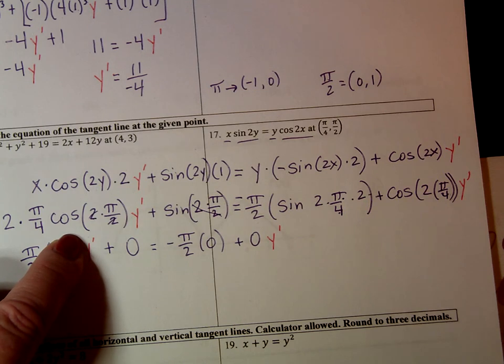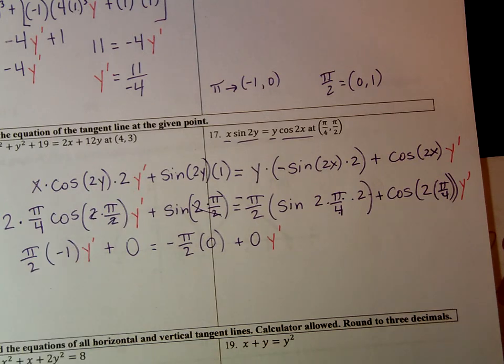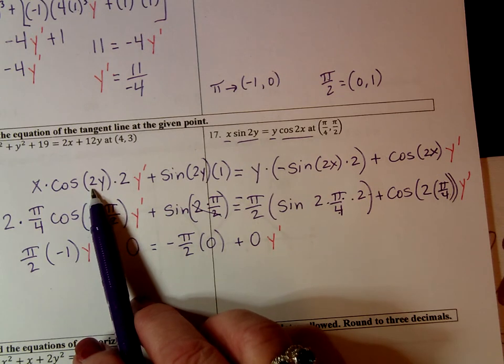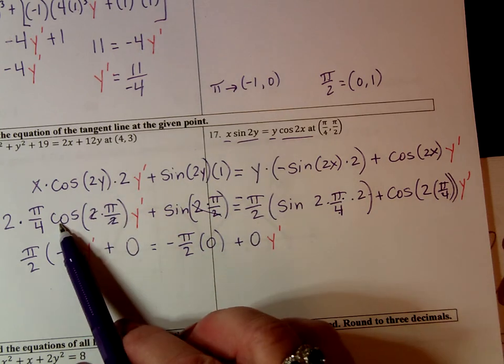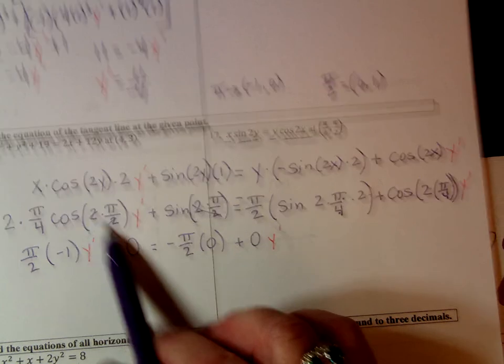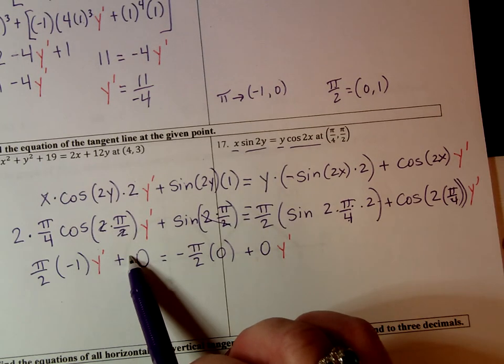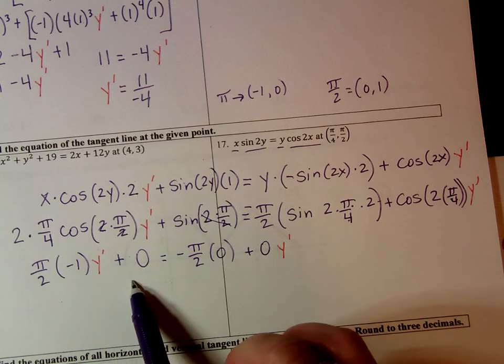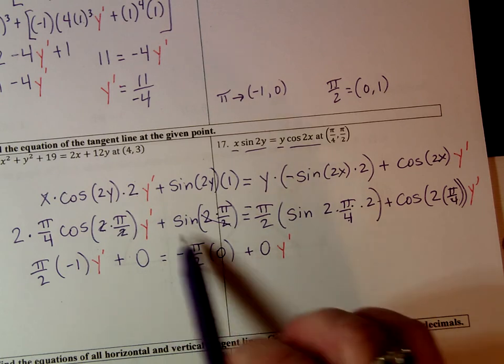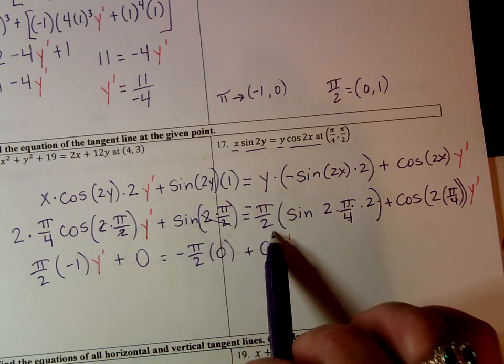Let's see, did you catch it already and I'm just not catching it? Cosine of 2y, pi over 2, 2 times pi over 2 is pi, 2 pi, 2 times, oh, no, this is okay. Sorry, looking for the mistake. Pi over 2 sine.